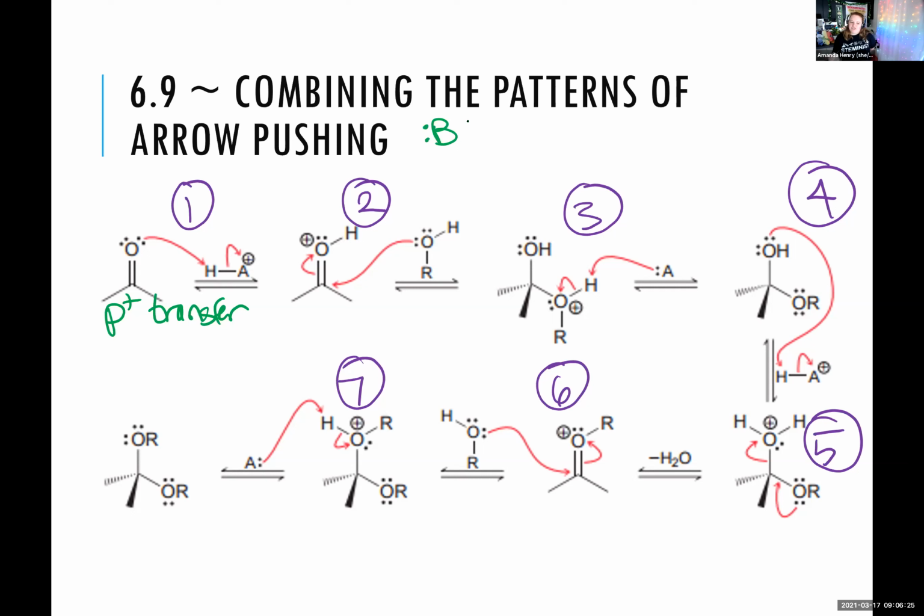So what about step number 2? What's happening there? Nucleophilic attack. It is a nucleophilic attack. Good.